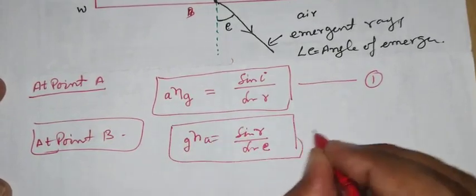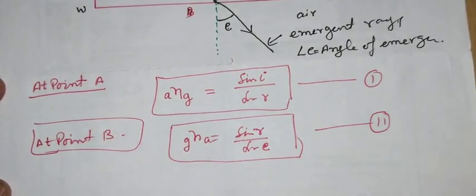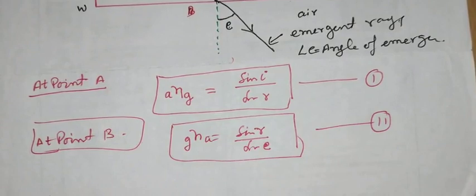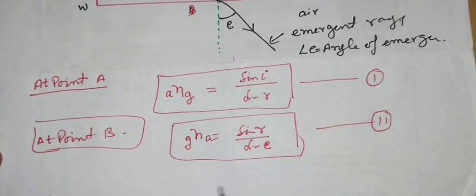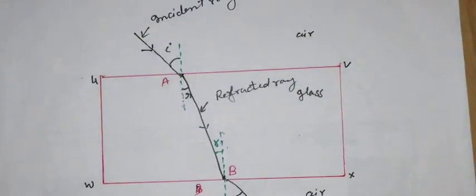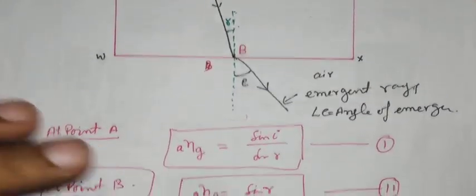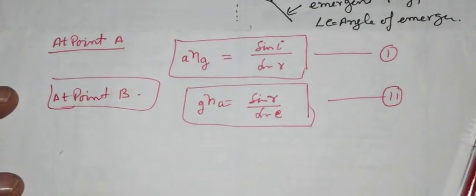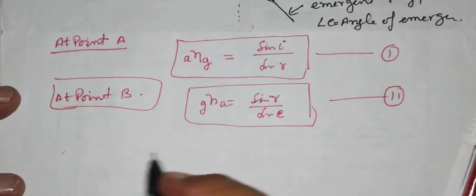It is equation number 2. Now refraction is taking place at two places. Let us see the mathematical result obtained by these two equations. First of all, thereafter we will go for the lateral displacement.